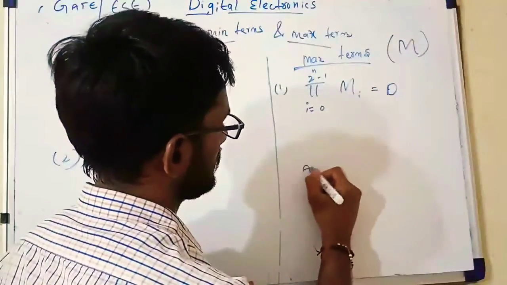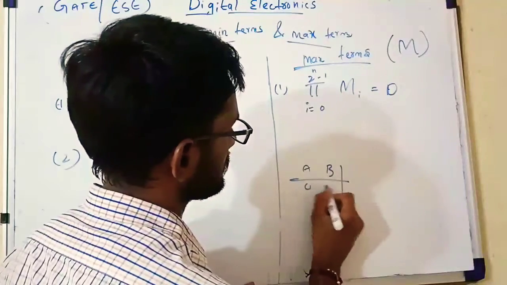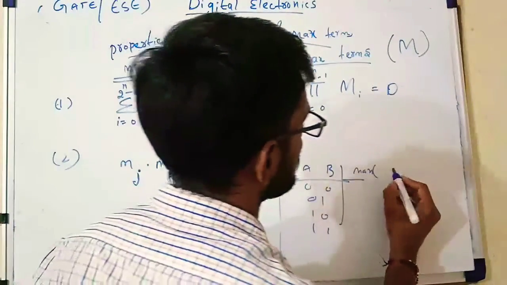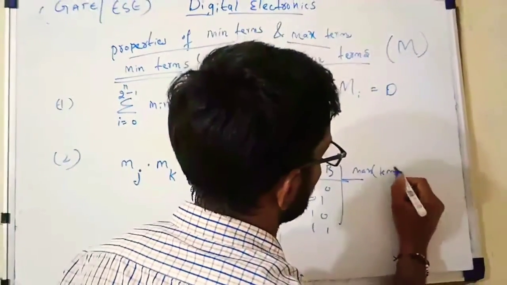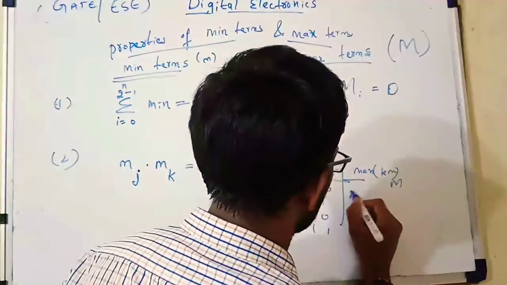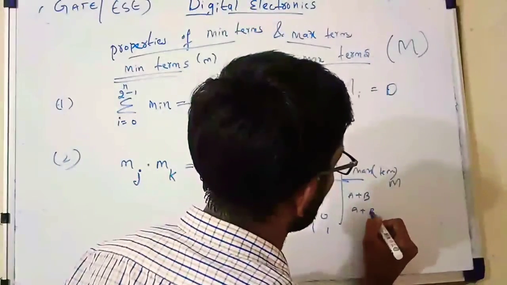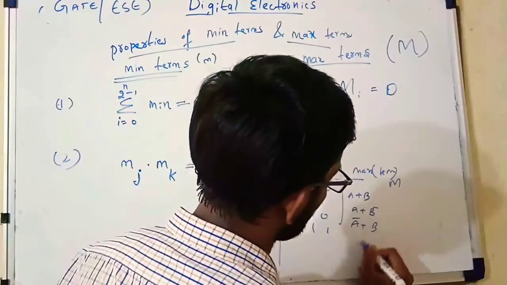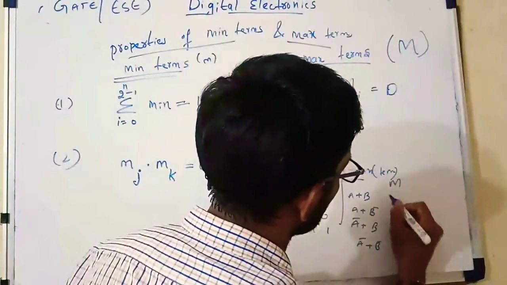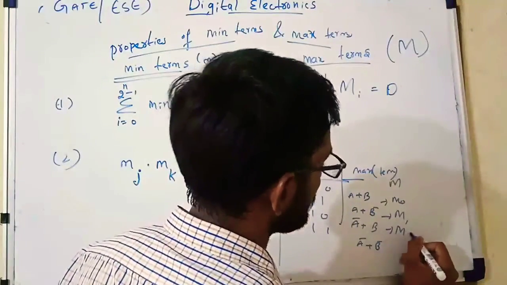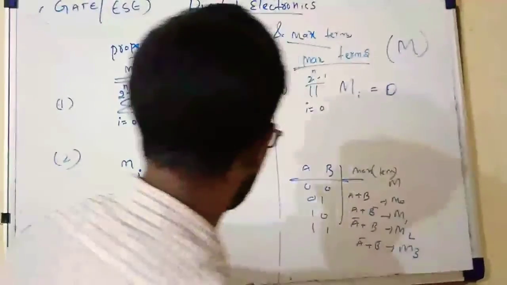Similarly, here this is A B 0 0, 0 1, 1 0, 1 1. Here the max terms are nothing but just capital M. This is A plus B, A plus B bar, A bar plus B, A bar plus B bar. This is M0, this is M1, this is M2, this is M3.